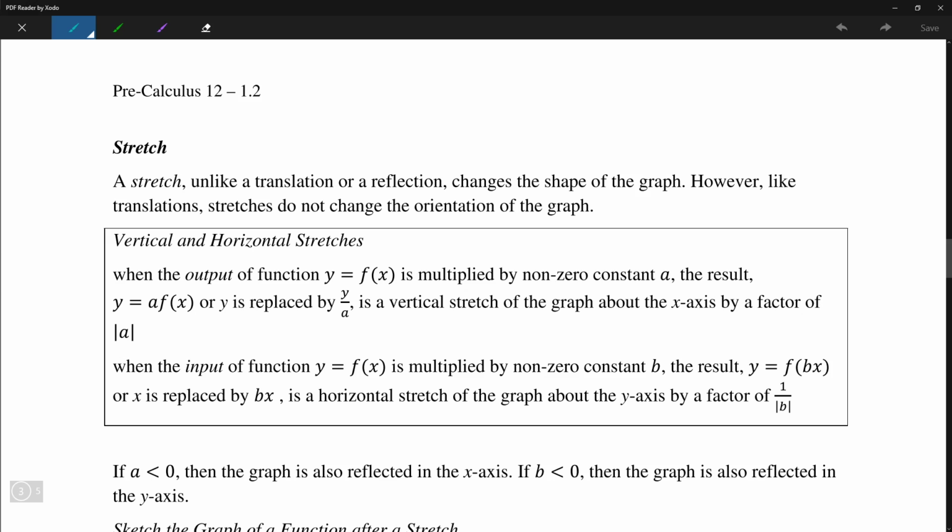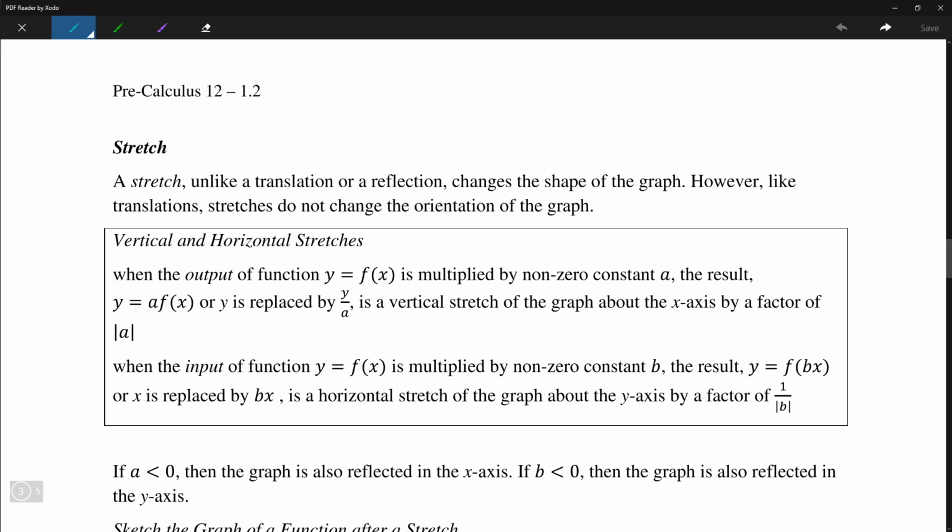Once again, the vertical stretch, just like vertical reflection before it, has to do with the output of the function, or the y values. If it's multiplied by some non-zero constant a, as we can see here, we have y equals a f of x, then the graph will undergo a vertical stretch by a factor of the absolute value of a.